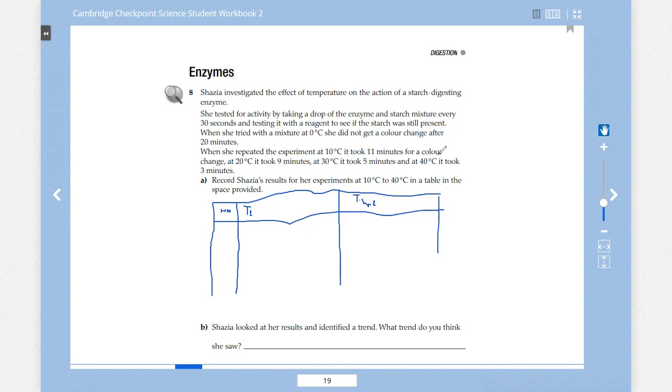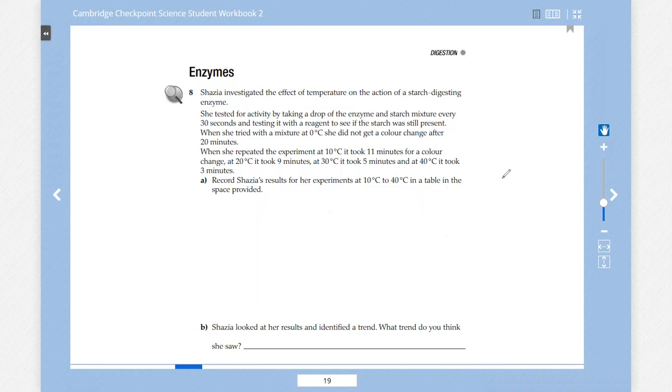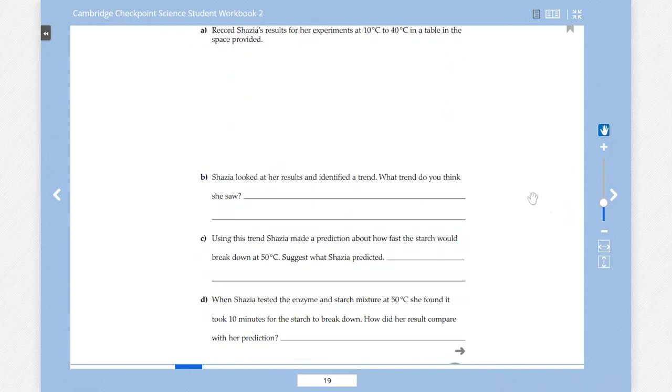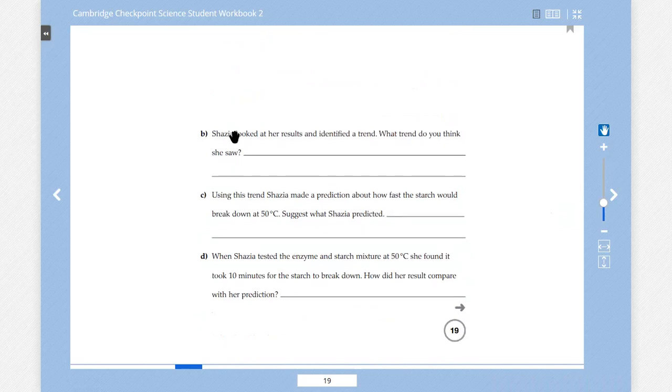Now we move to the next questions. For part B, Sazia looked at her results and identified a trend. What trend do you think she saw? I think you can write a conclusion that relates the temperature and the time.